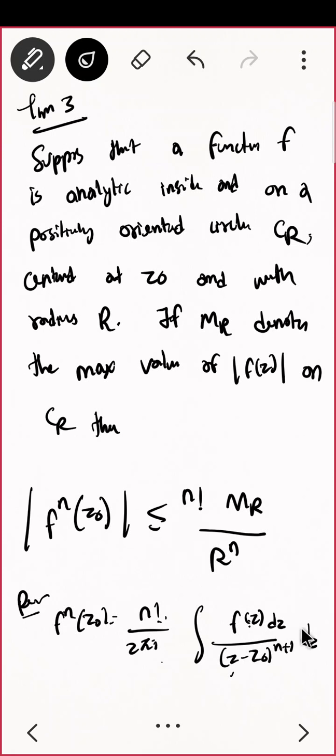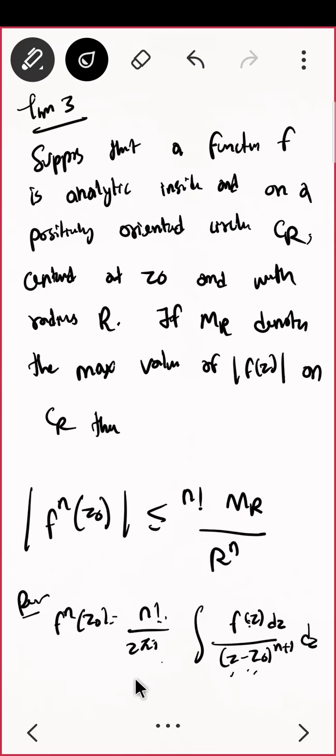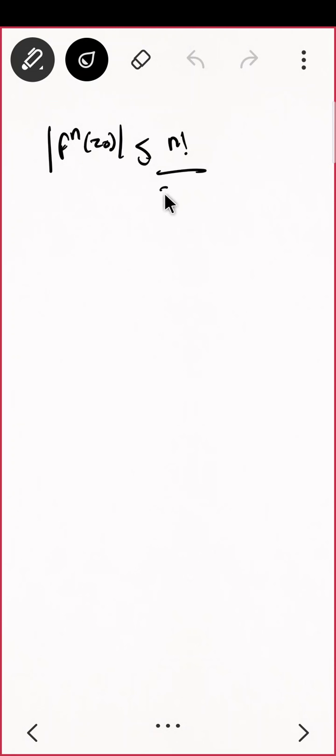And 2 pi r comes, so one r will get cancelled. That is easy. If you want I can do it for you. That is, mod of f nth of z naught is less than or equal to n factorial upon 2 pi i and the integral of mod of f of z upon z minus z naught raised to n plus 1 dz.